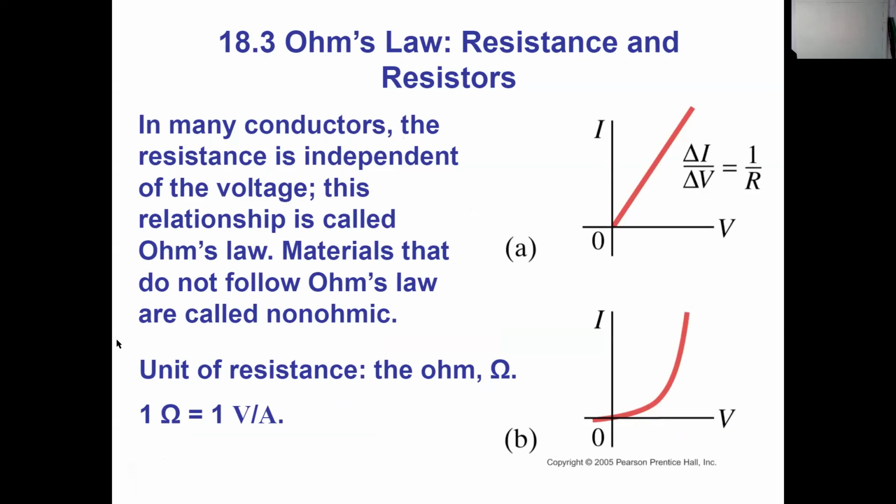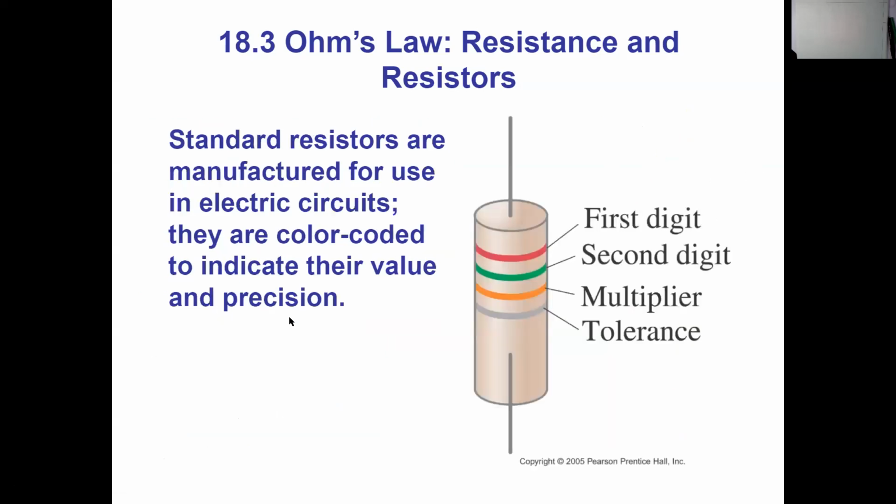But some materials don't offer up this linear behavior. Materials that do are called ohmic, and materials that don't are called non-ohmic. So we might see resistors that show up like this. A resistor is just a device that's used to control current flow.